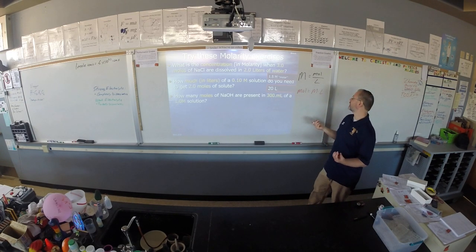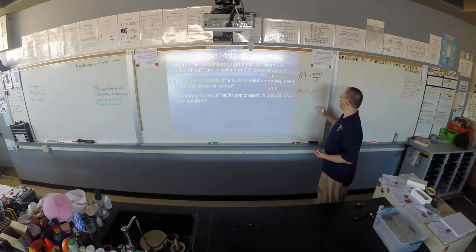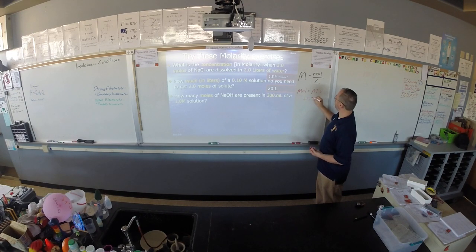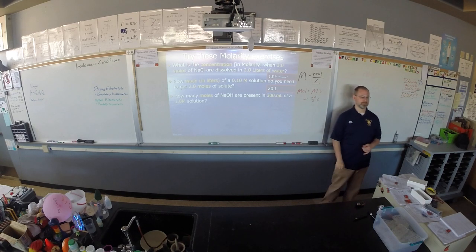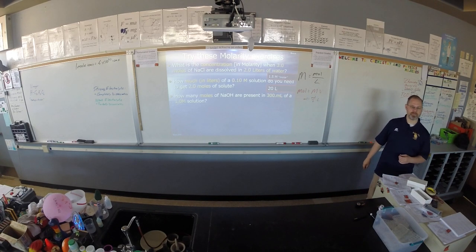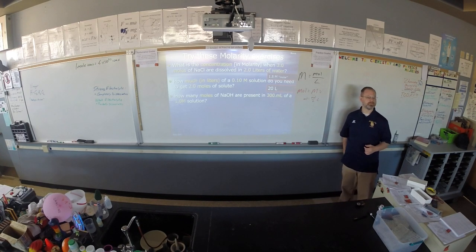If you replace liters by V, if you're more technical, you'd write MV. So moles equals moles per liter times liters. Moles equals MV. Also a very handy equation. It's just the molarity equation rearranged.